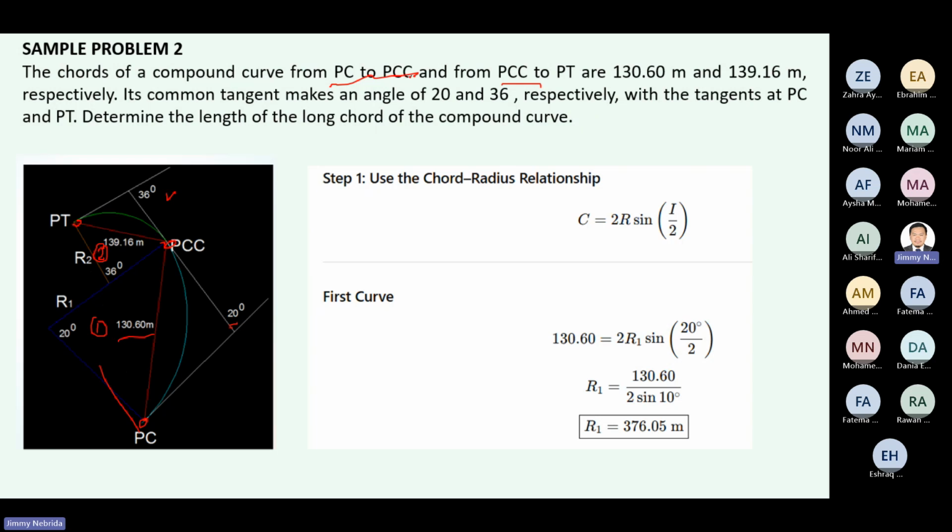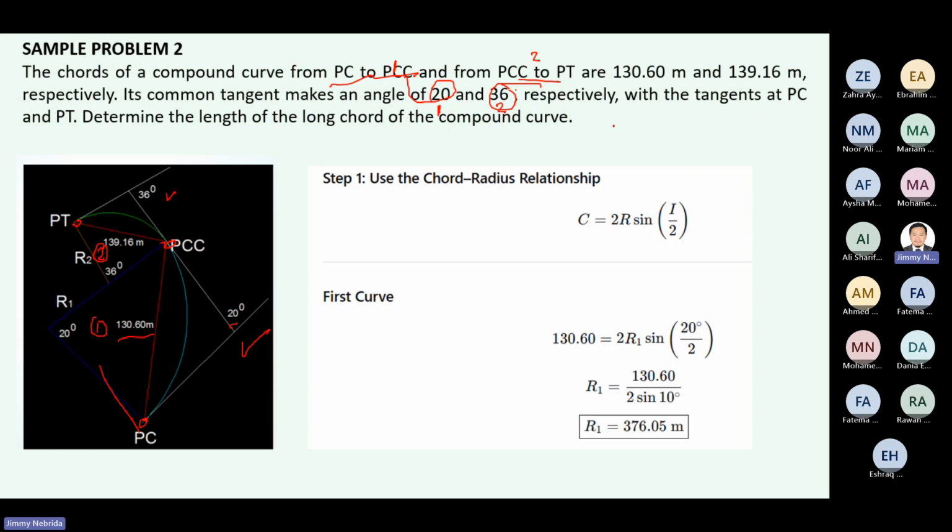So you start first. This one, PC to PCC, comes first. The last one is 36. This one is for the curve 2; curve 1 is what comes first here. You might be confused because usually the figure is not given.